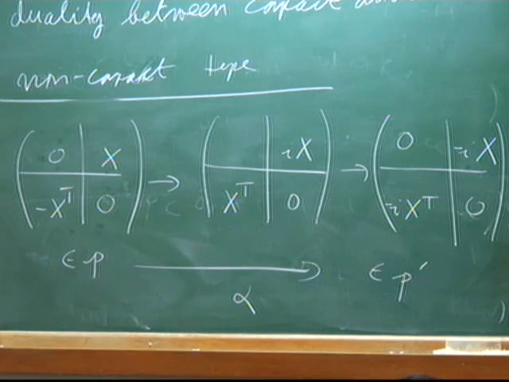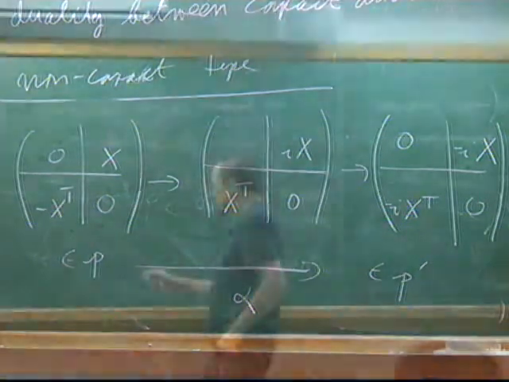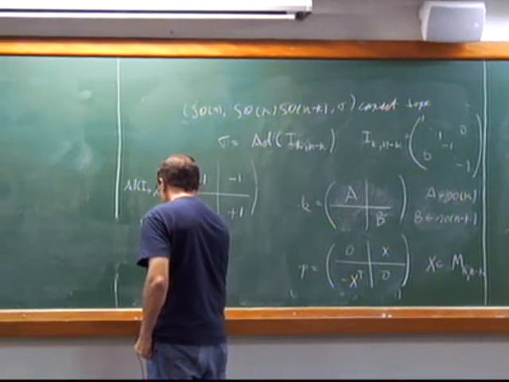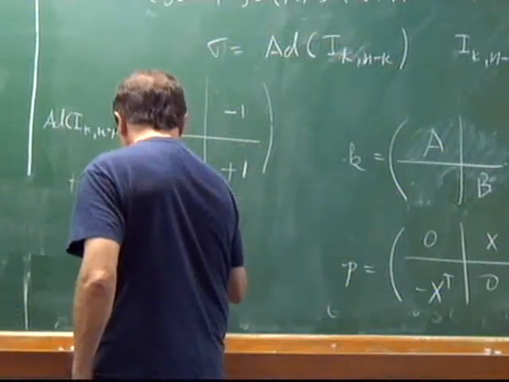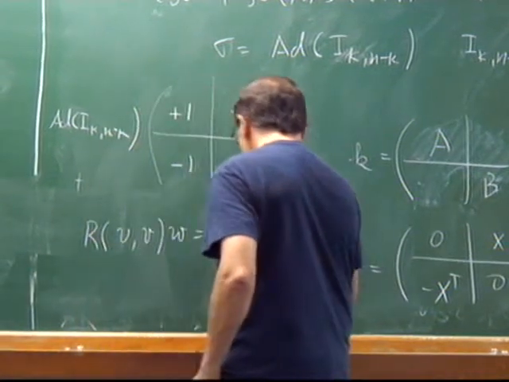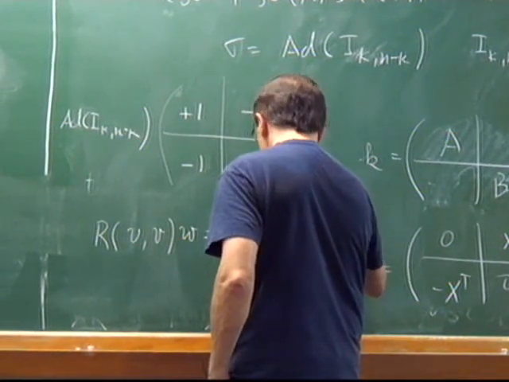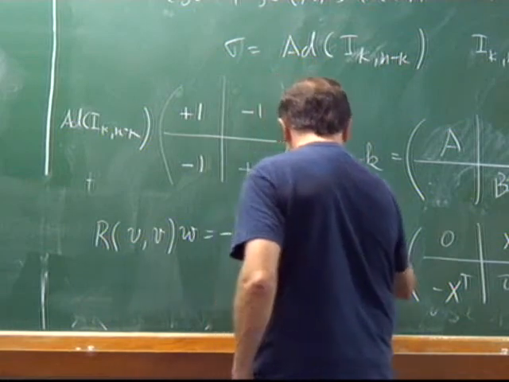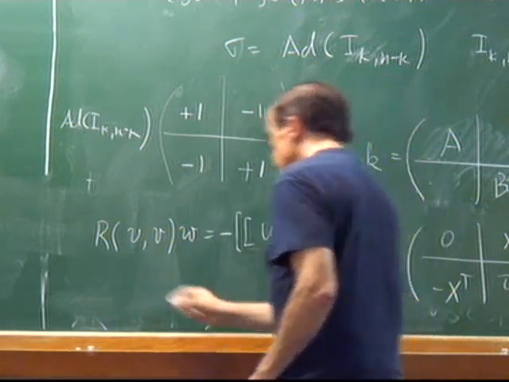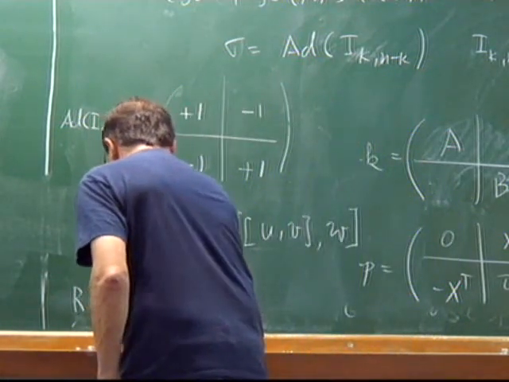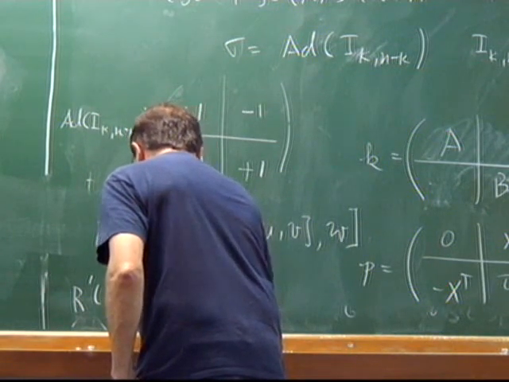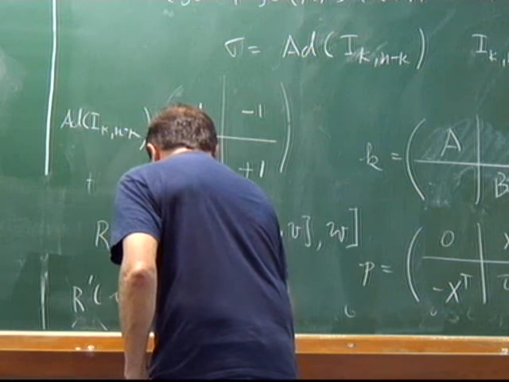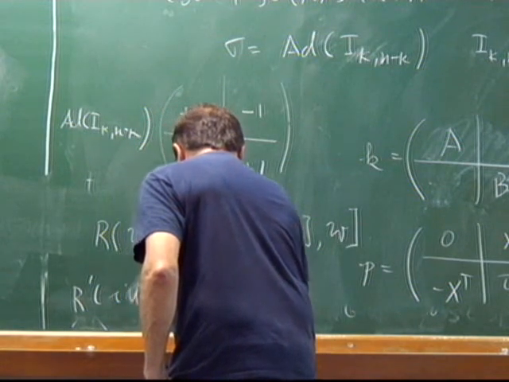Okay, one more remark. Remember what's the curvature of U, V, W? That's minus the Lie bracket of U, V, bracket W. So what's R prime? Well, for this I have to take IU, IV, IW.